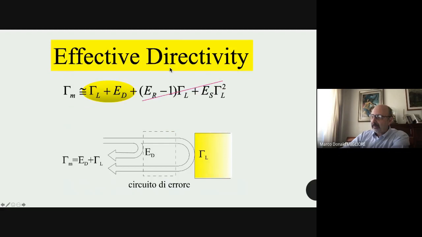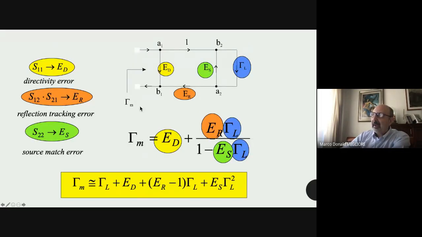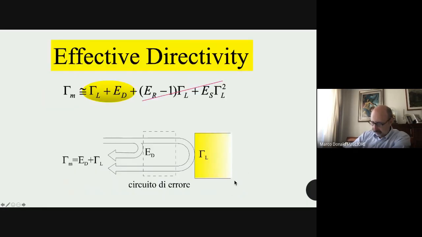I will call this gamma M, the measured reflection coefficient. Instead, the reflection coefficient of the load is called gamma L. Of course, what we want is not gamma M, but gamma L. And this is the expression of gamma L as a function of gamma M, when we expand this formula and we stop at the second order, gamma L squared.